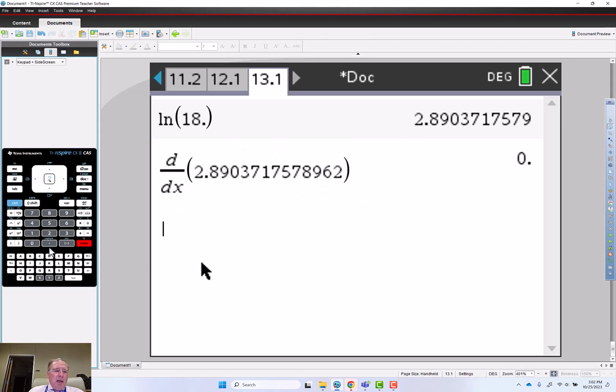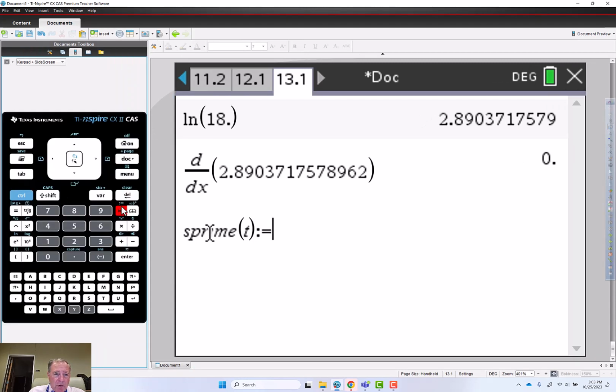So I'm going to call this S prime at t. So what I've got here, no variables, so S, P, R, I, M, and then at the variable t, get out of that little parentheses, then control palette of math. I'm going to enlarge this a little bit. So there's a colon equal sign.